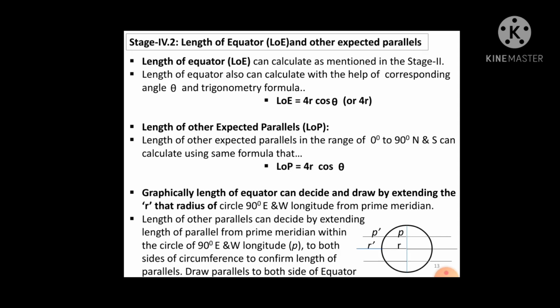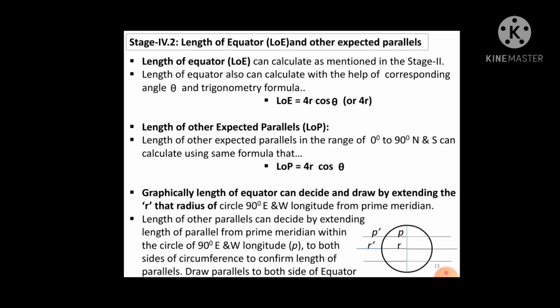So for example, here we talk about the equator also. Though in the second stage we talked about that, the equator is one of the parallels also. So how can we find the length of the equator using the trigonometrical function? First of all, you must know that the length of the equator is nothing but 4R. Using the trigonometrical function, length of the equator is equal to 4R cos theta.